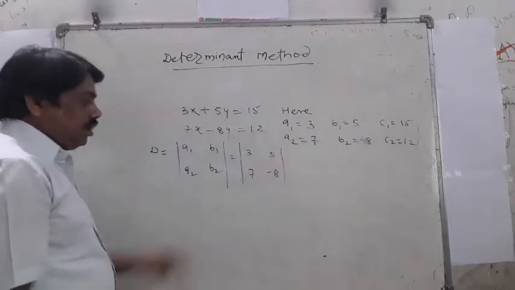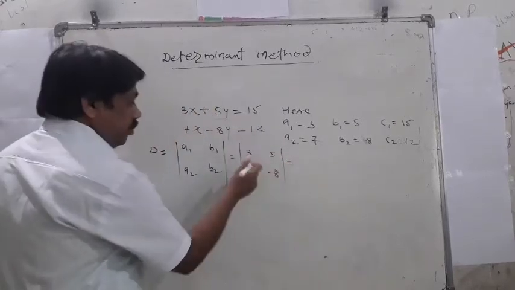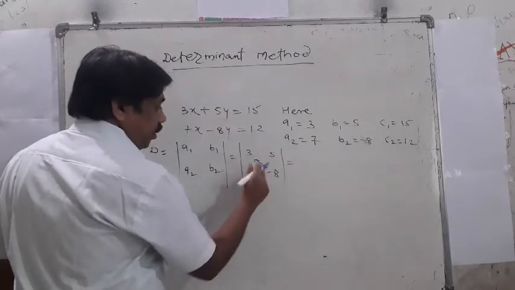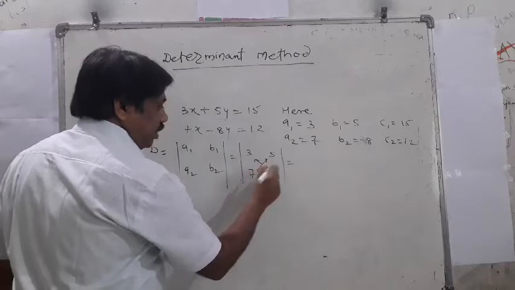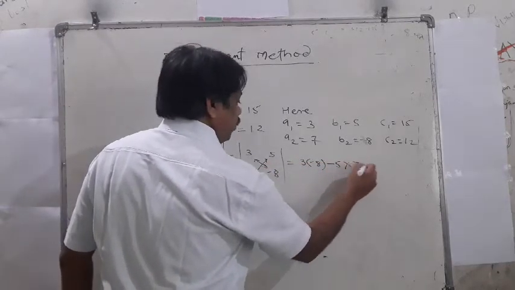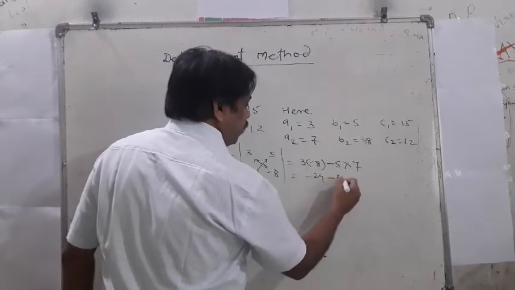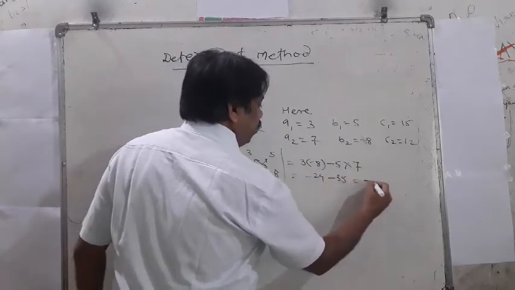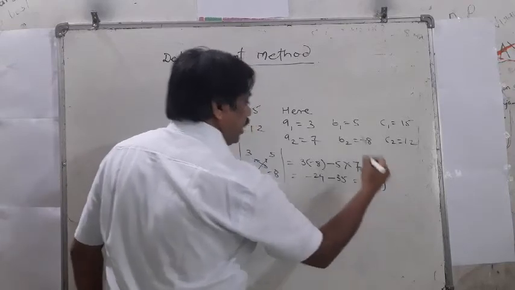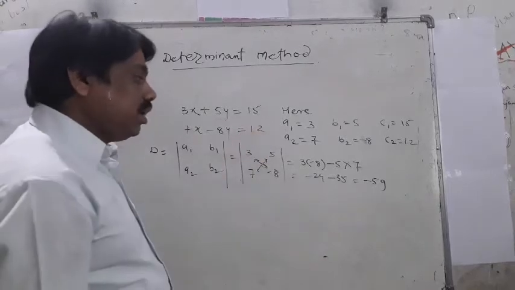Cross multiplication: 3 into negative 8 minus 5 into 7. It will become negative 24 minus 35, which is negative 59. Negative 59 will be the answer.